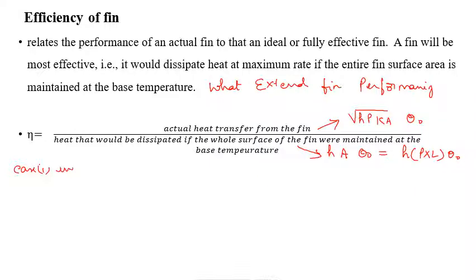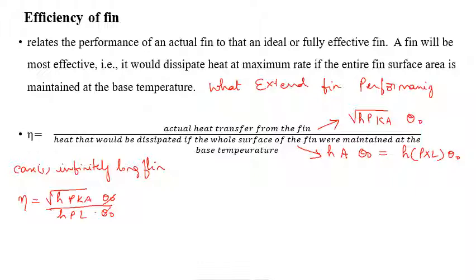The case one is an infinitely long fin. For the infinitely long fin, the efficiency can be given as the square root of hPkA into theta naught divided by hPL into theta naught. Here theta naught cancels.